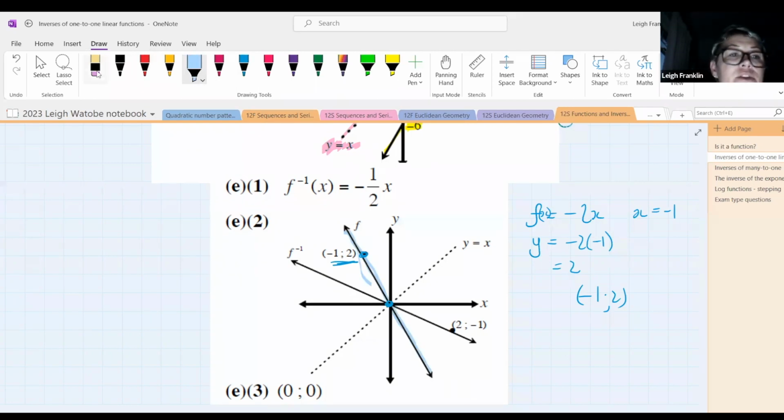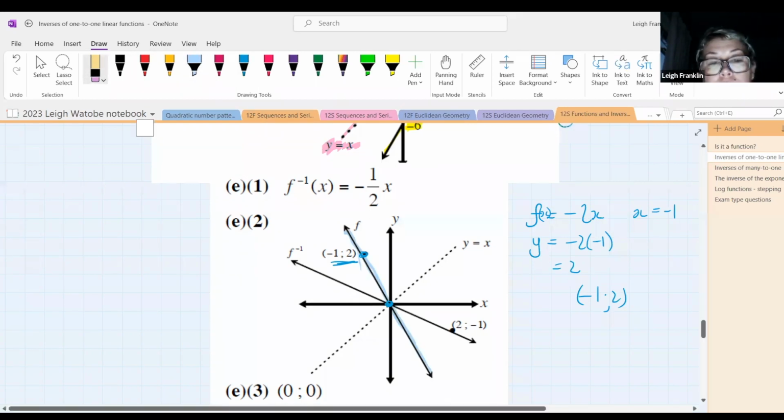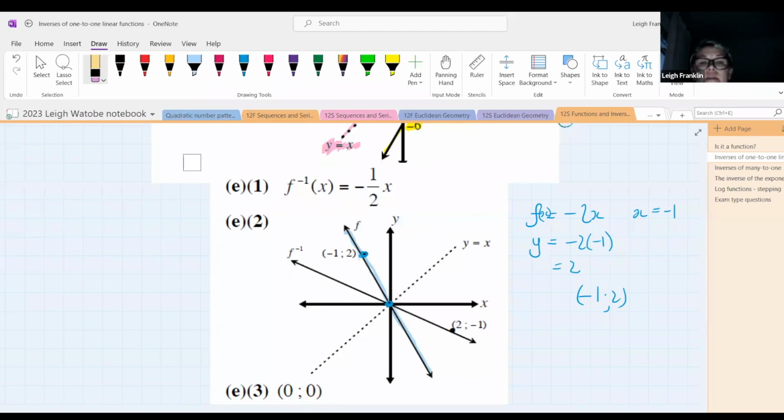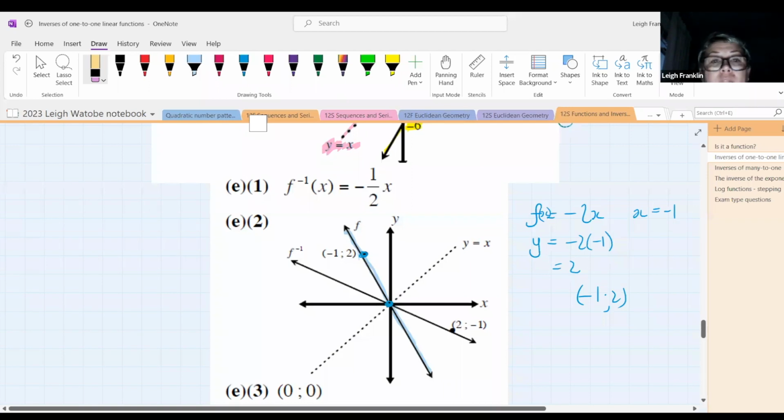Does that make sense to you? Yes, ma'am, thank you. Okay, so as Yolanda was saying, you're just picking a point. Whatever point you want to pick, it doesn't matter. Use -1, use 1. It's just easy. Then you would get exactly the reverse of that on the other line. So over here, my x becomes my y, and what was my y becomes my x.